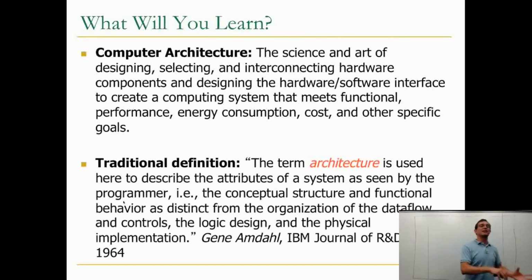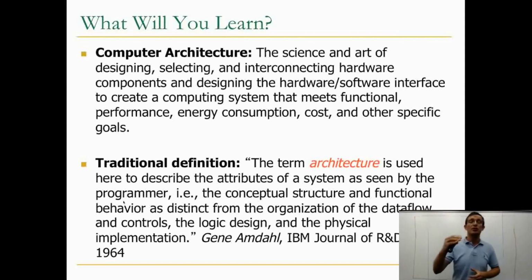The traditional definition of computer architecture, on the other hand, I've used a non-traditional definition right here, but the traditional definition is more strict. And this is the definition from Gene Amdahl. Gene Amdahl was one of the designers of the IBM 360 computing system in the 1960s. This was IBM's flagship supercomputer at the time. And his definition in IBM Journal of Research and Development was basically architecture is the attributes of a system as seen by the programmer.